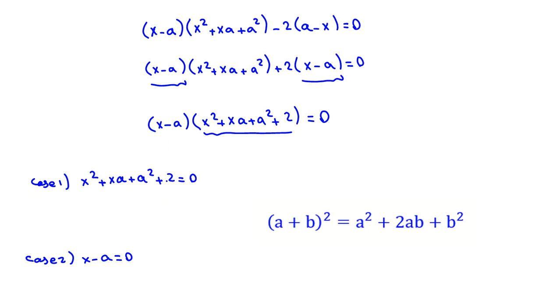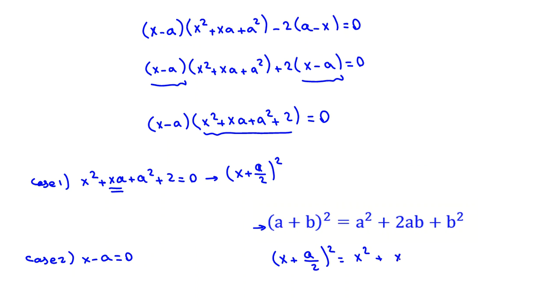I know x squared, a squared, and 2 are all positive, but I have a problem with the middle term. If I want to use this identity, I can create x plus a over 2, squared. Why? Because if I write x plus a over 2 squared by this formula, it will be x squared plus 2 times x times a over 2.